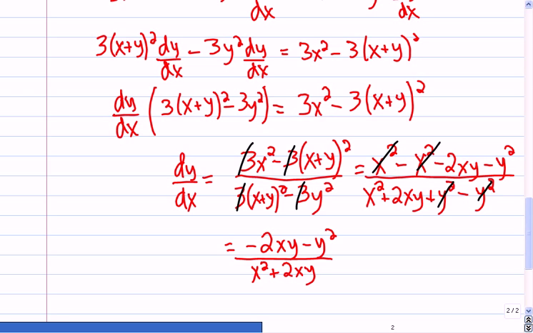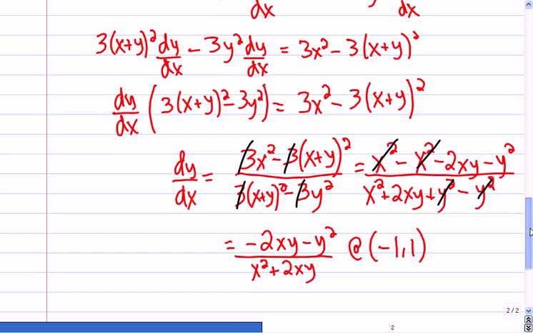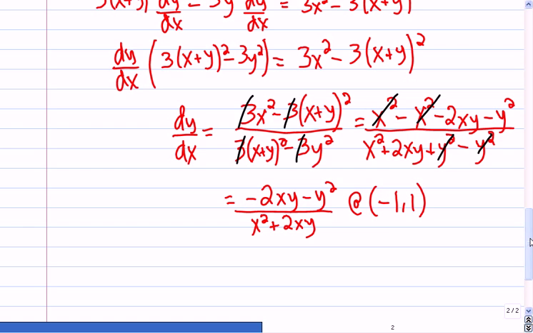This we were asked to find at the point, is it (-1, 1), or was it (1, -1)? (-1, 1). This one? Okay. So in order to figure out what that's going to be in the equation, that means I need to substitute for x and y. So -2 times -1 times 1 minus 1 squared.